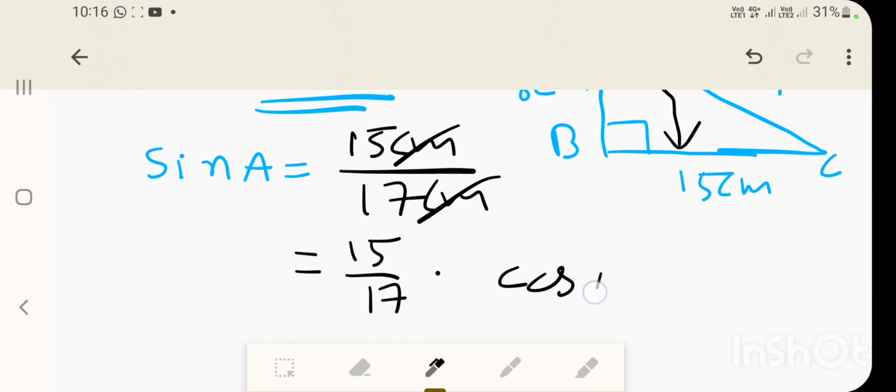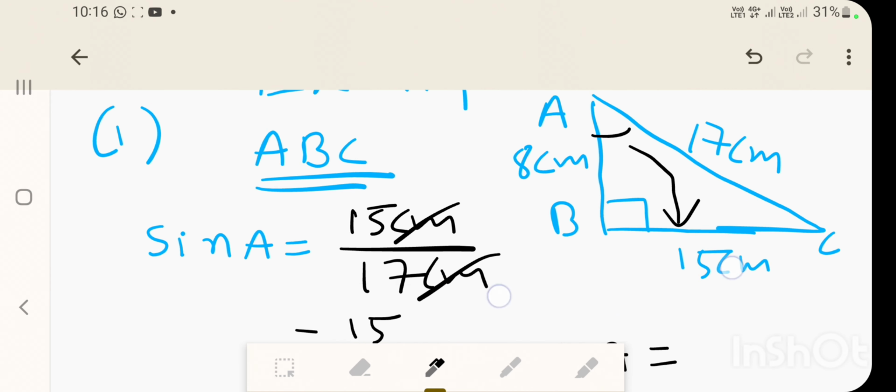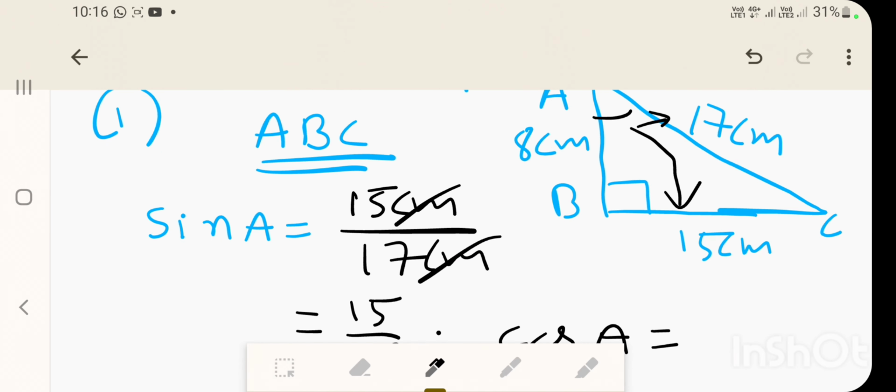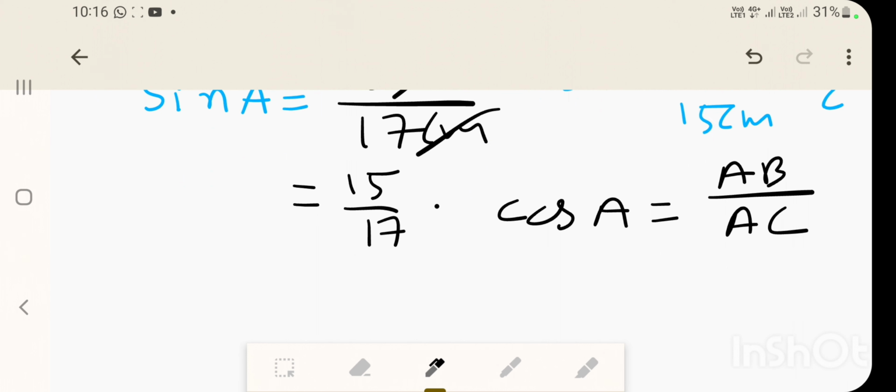And we can calculate cos A. Cos A is the length of the adjacent side, that is AB, divided by the hypotenuse AC.